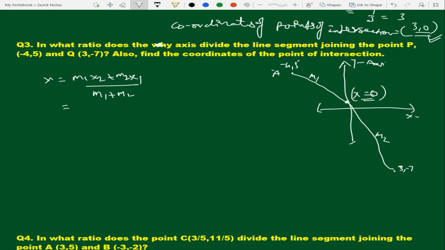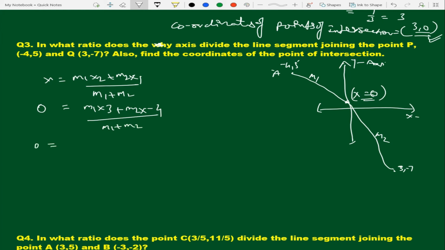So x is 0 and m1 x2, where this is x1, this is x2, so x2 is 3, plus m2 x1, x1 is minus 4, upon m1 plus m2.